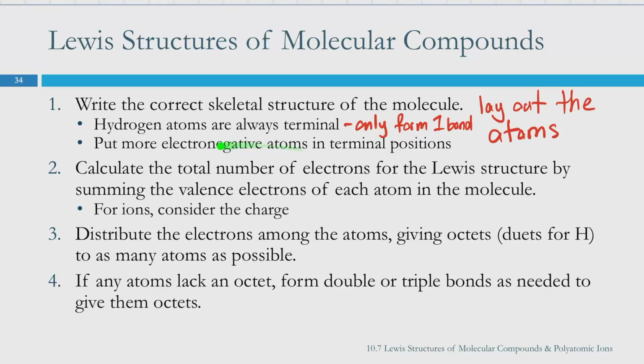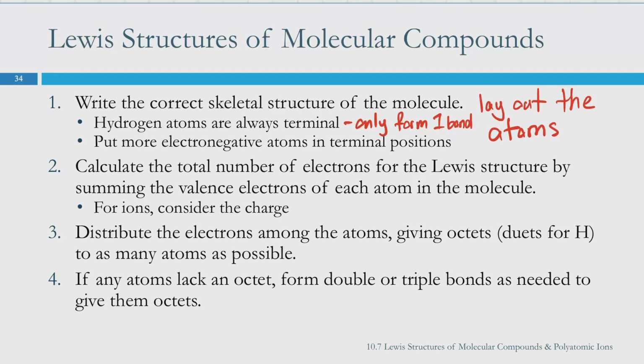And we're going to tend to put more electronegative atoms in terminal or exterior positions. Another thing that we'll often consider for this correct skeletal structure is symmetry. More symmetrical molecules are more stable. So if we can get left-right symmetry, if we can get top-bottom symmetry, that's also beneficial. Then we're going to calculate the total number of electrons by adding up the valence electrons.